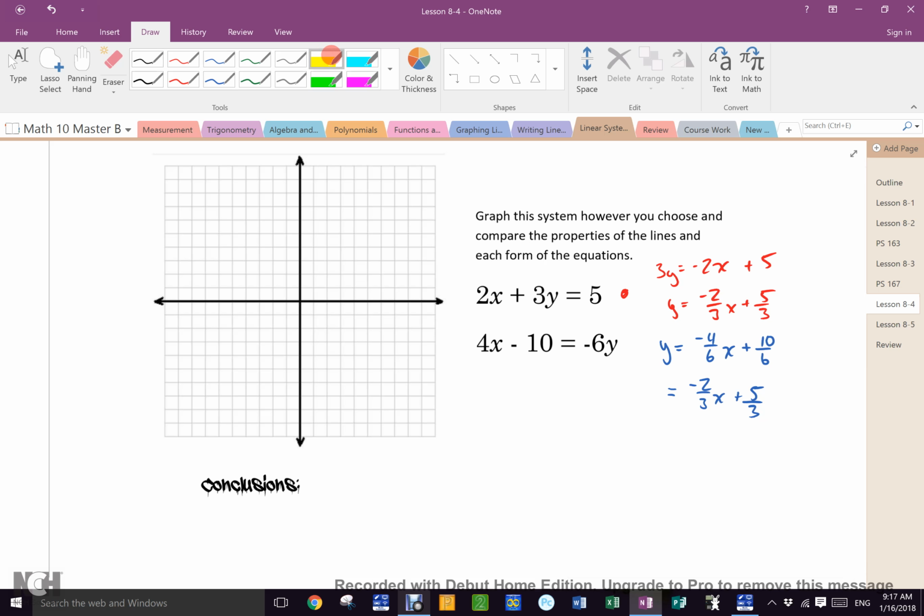What do you notice here? They're exactly the same slope and exactly the same y-intercept. So if I graph them, what would I have?